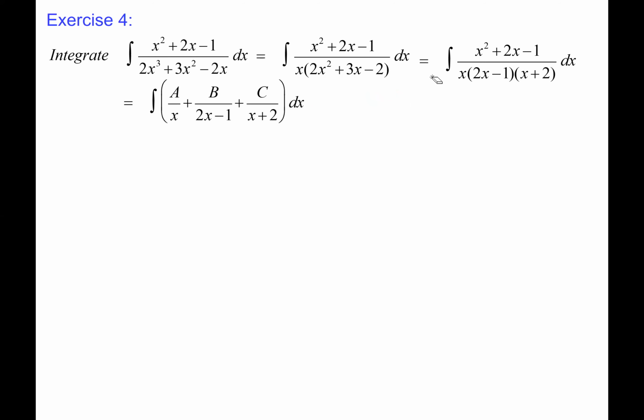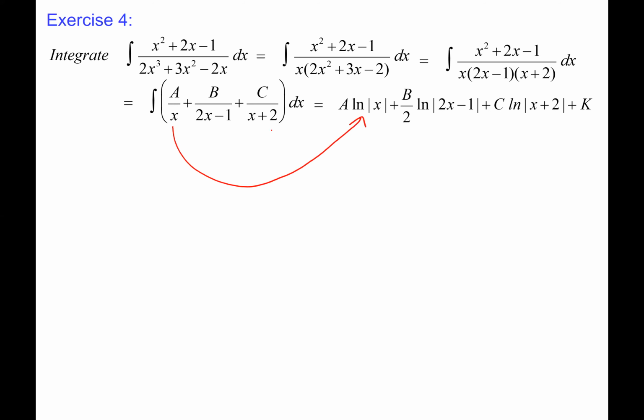You can try to find A, B, and C the same way that I did for A and B, and then integrate. Actually, I did integrate, and please notice this is just A ln of x, no problem. This is just C ln of x plus 2, absolute value.